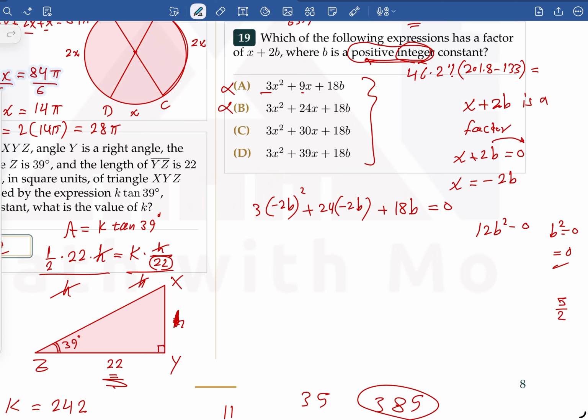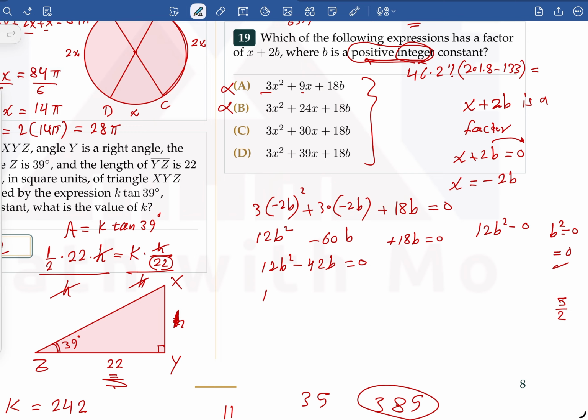C, 3 times negative 2b all squared. The same thing. You can just apply this, but instead of this 24, we write 30. So this is also 12b squared, and this is plus 18b. 30 times negative 2 is negative 60b. So 12b squared, negative 60b plus 18b is negative 42b. Divide by b, this should be equal to 0.